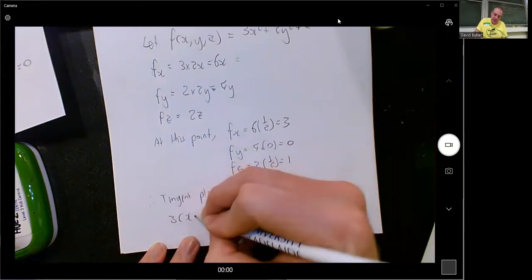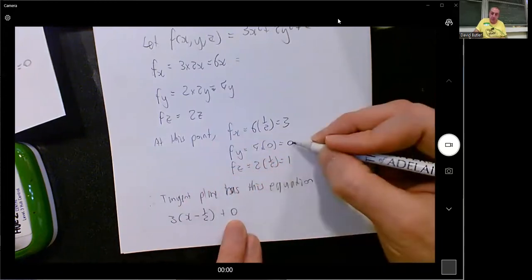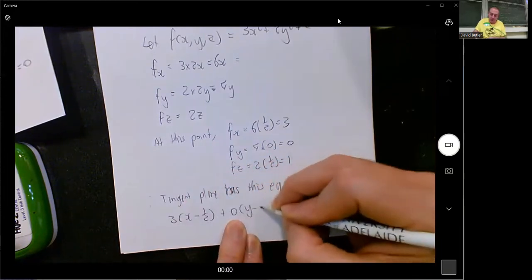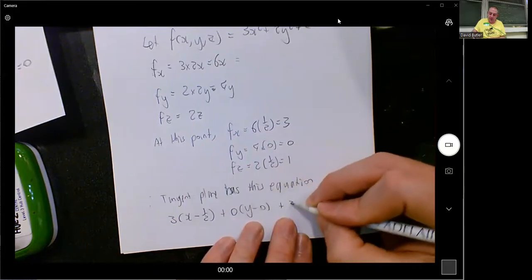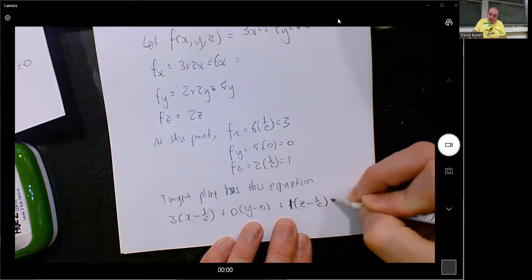Three times x minus the place where it started, plus the y slope times y minus the place where it started, plus the z slope, which was 1, times z minus the place where it started, equals 0.